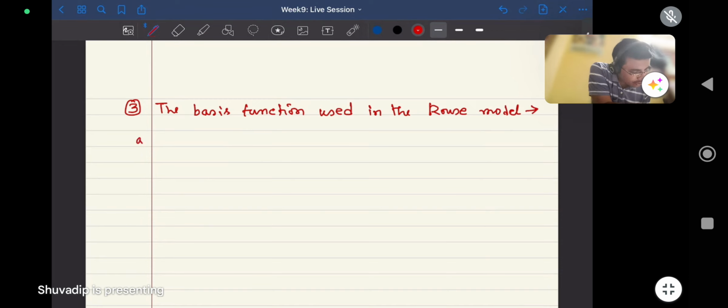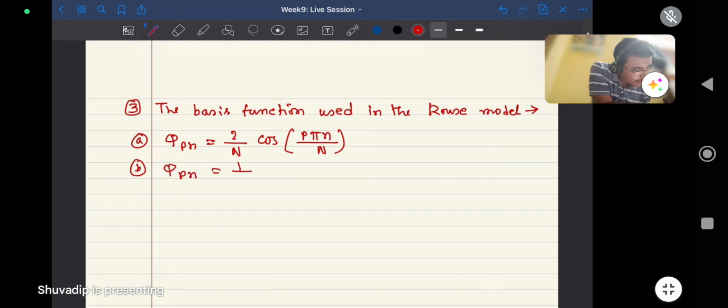Now the options. Option A, phi_p(n) is root(2/N) cos(p pi n / N). Option B, phi_p(n) is 1 by N cos(2p pi n / N).